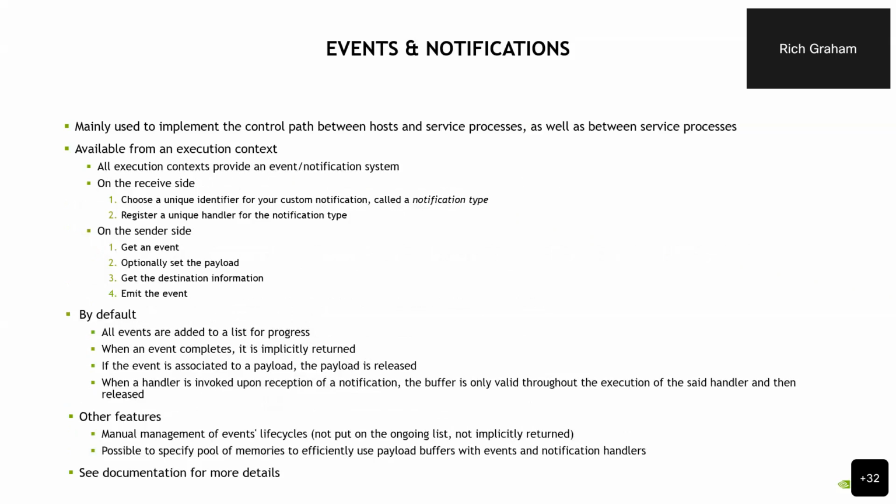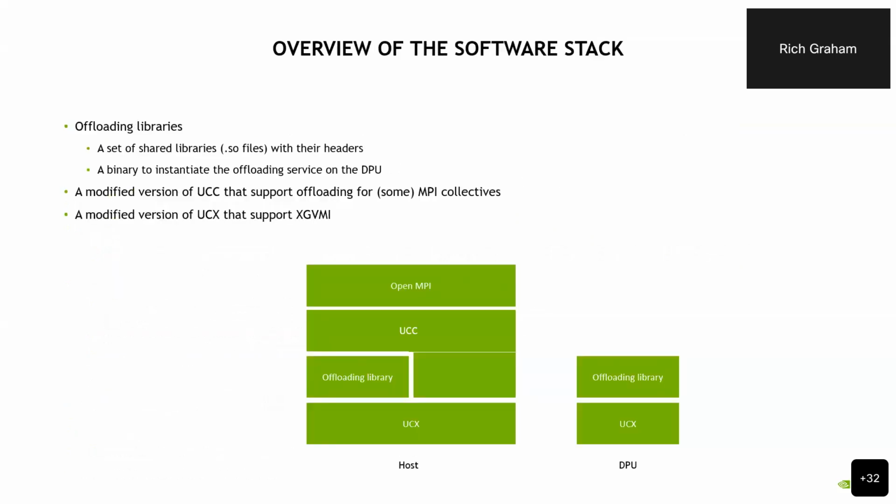So we're about out of time. Let me skip to one slide on the architecture, just pictorially how this is supported. There's a communication library at the high level, in this case OpenMPI, that's using UCC. And UCC uses the offloading library, and UCC also uses UCX.